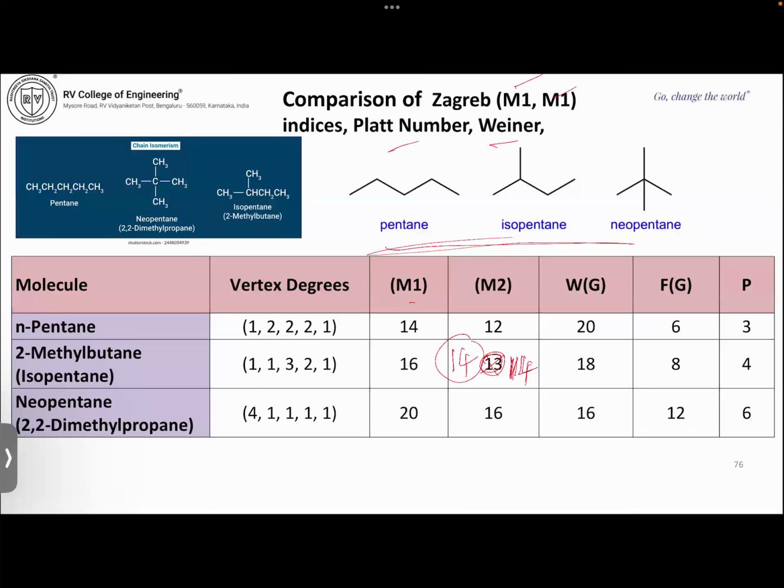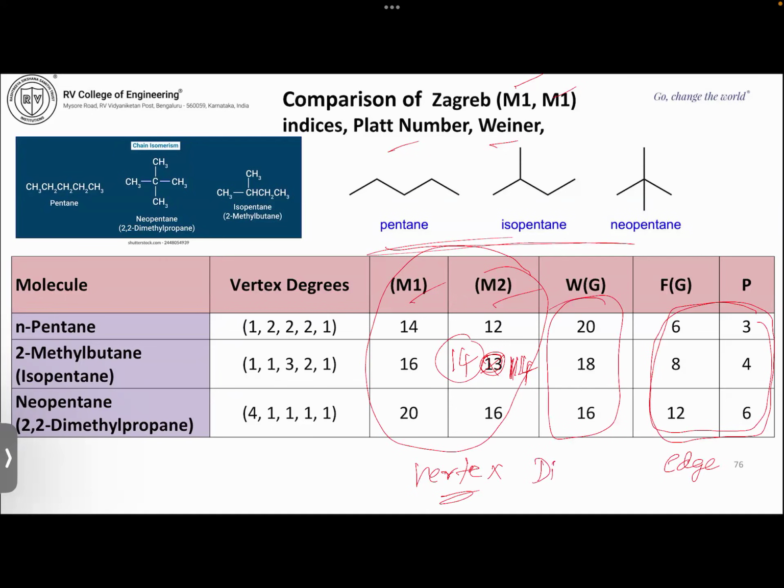This is Zagreb 1, Zagreb 2. So these 2 are based on the vertex. Please remember, these are calculated based on the vertex. I have already explained. And the Platt number, this is second. This is based on the edge, and this is based on the distance between the vertices.